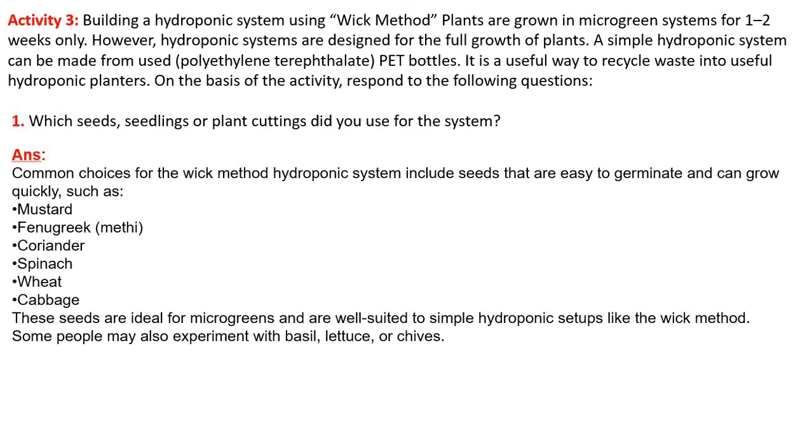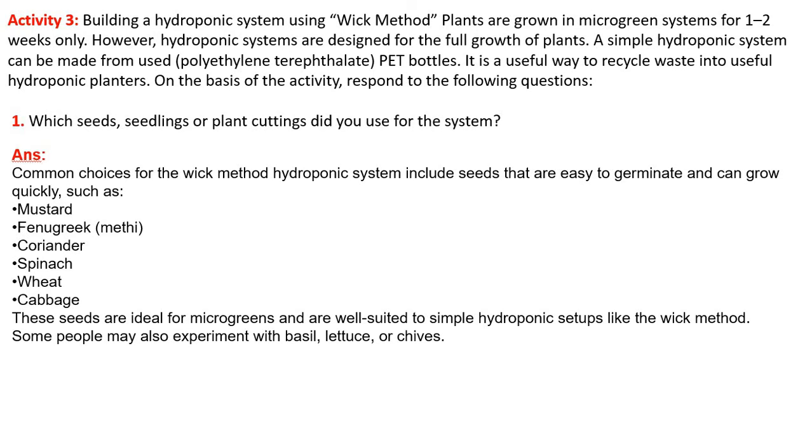On the basis of the activity, respond to the following questions. Which seeds, seedlings or plant cuttings did you use for the system? Answer. Common choices for the wick method hydroponic system include seeds that are easy to germinate and can grow quickly, such as mustard, fenugreek, that is methi, coriander, spinach, wheat, cabbage.